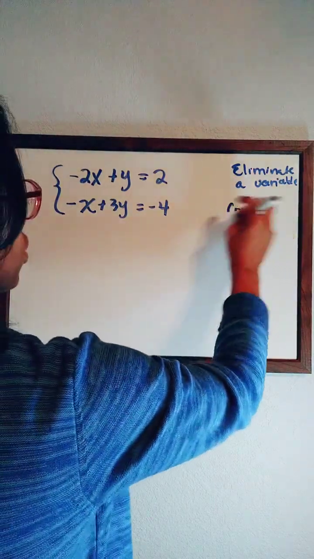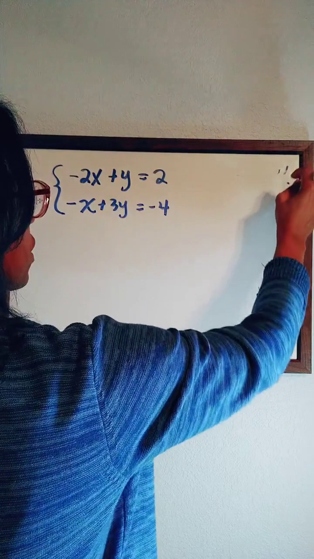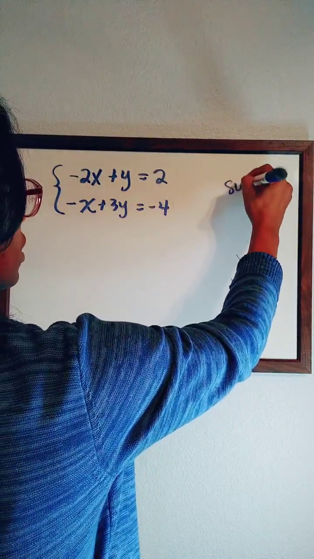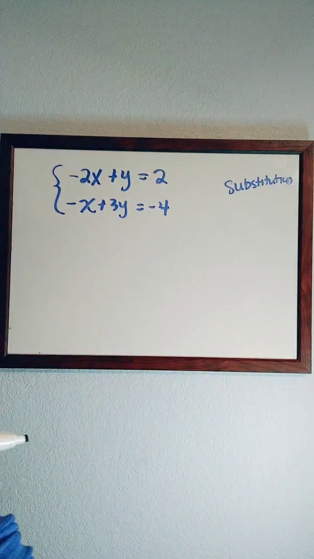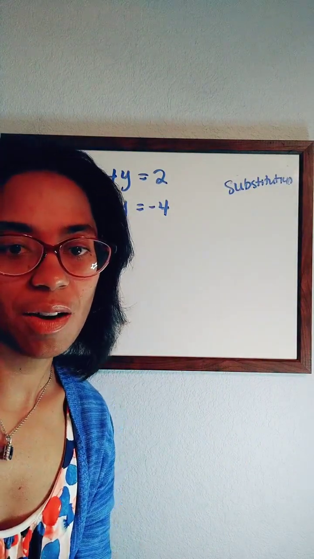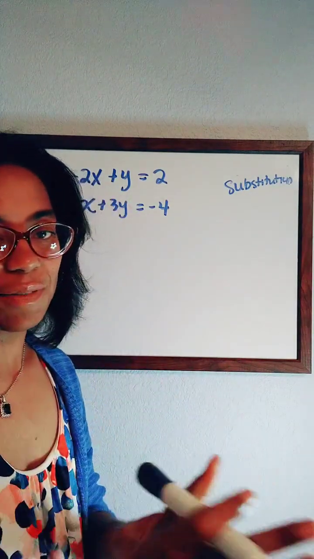I do substitution when I already have a variable that doesn't have a coefficient. Okay? That's the only time I would do substitution. Personally, because it's just easier to navigate.